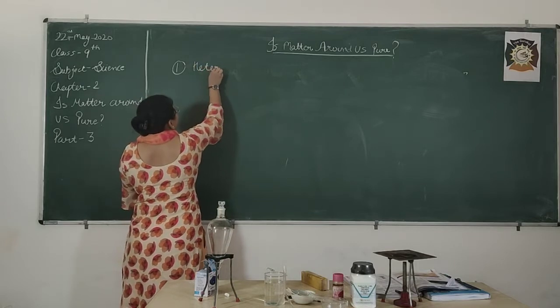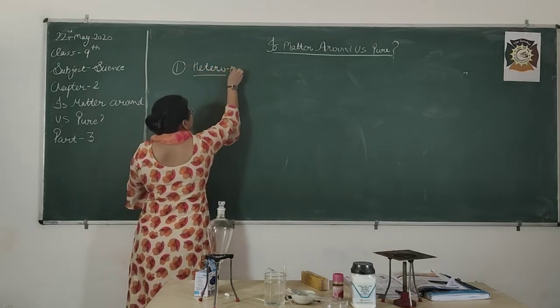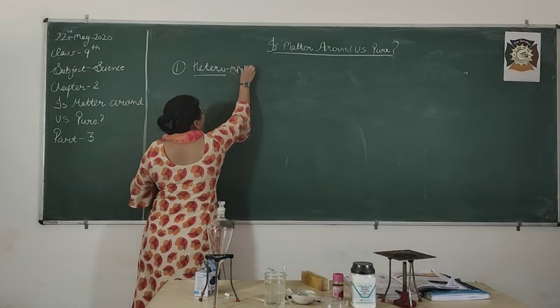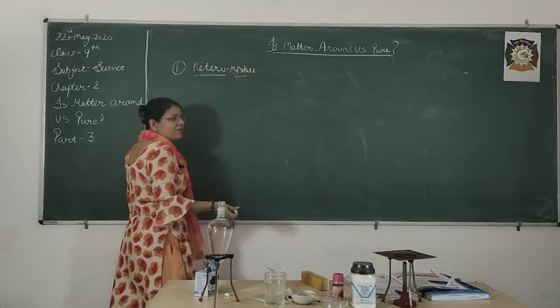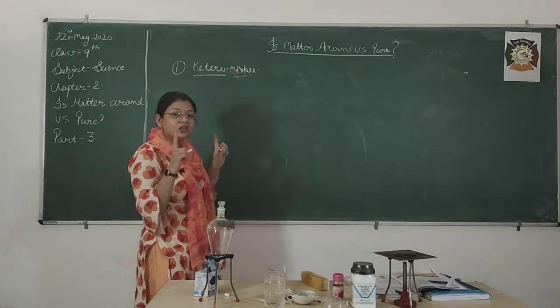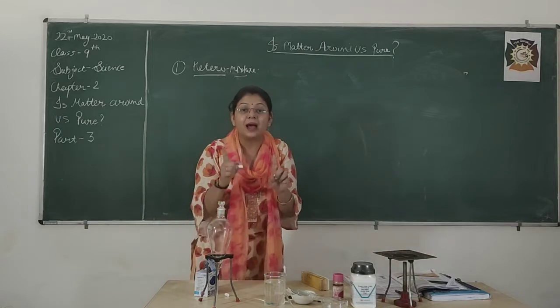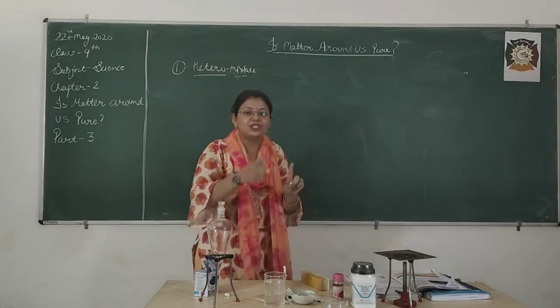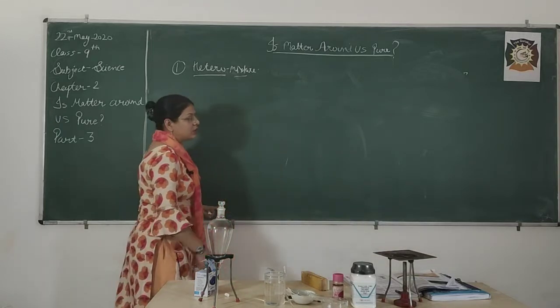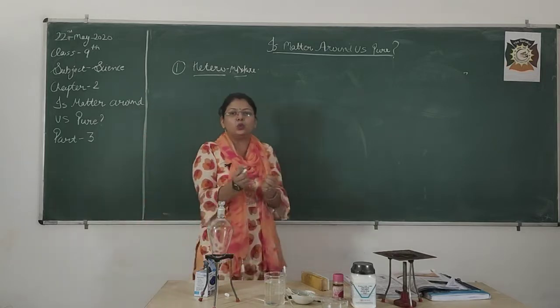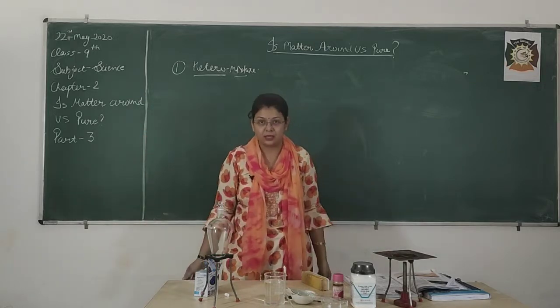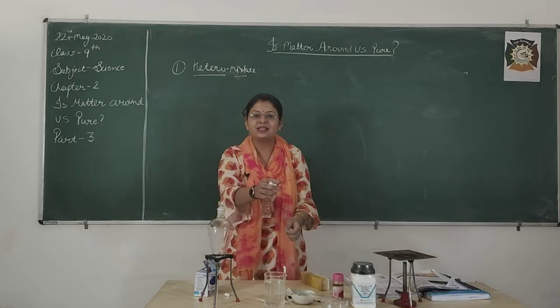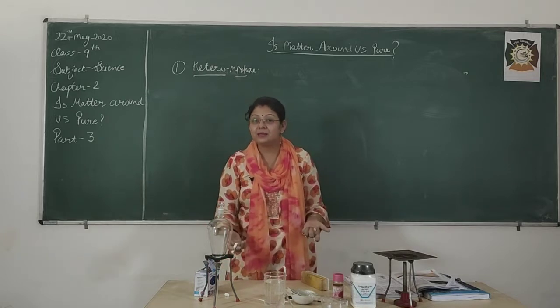So if I have a heterogeneous mixture, that means I can easily see the two components that are present in that mixture. So how are you going to separate it? If you can see the two different things with your naked eyes, then you can separate them with physical methods.